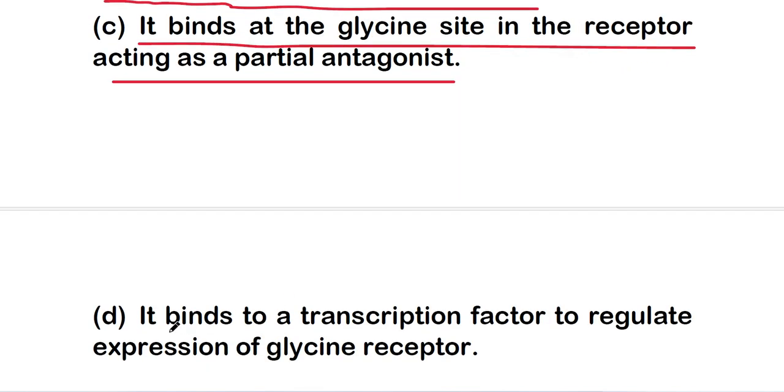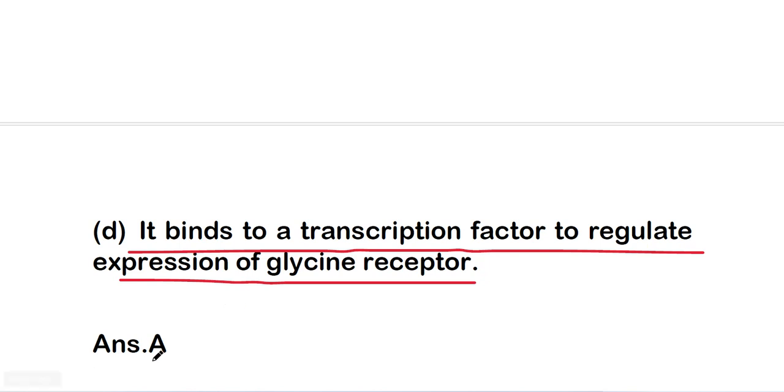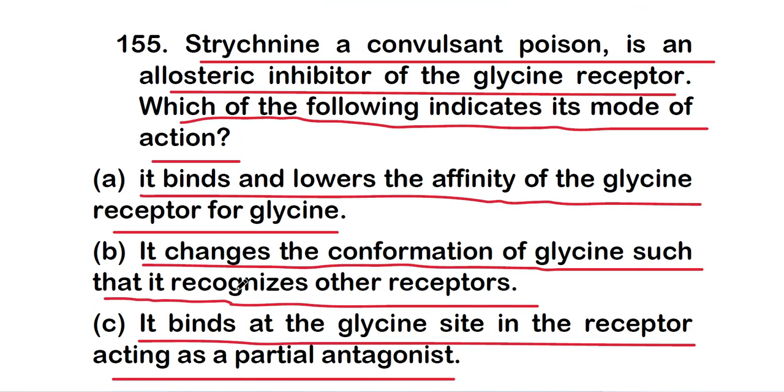Option D, it binds to a transcription factor to regulate expression of the glycine receptor. So the right answer is option A, that is it binds and lowers the affinity of the glycine receptor for glycine. So strychnine, a convulsant poison, is an allosteric inhibitor of the glycine receptor whose mode of action is that it binds and lowers the affinity of the glycine receptor for glycine.